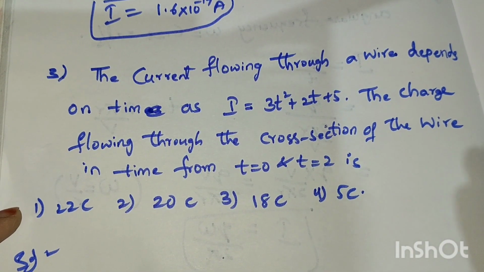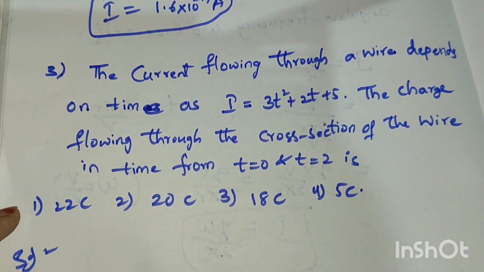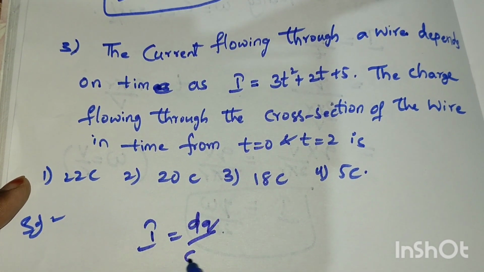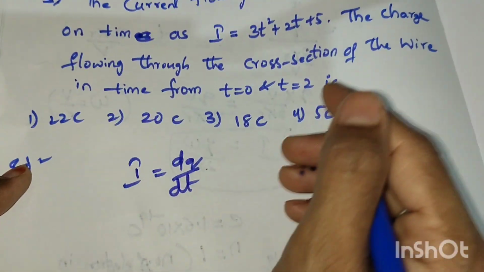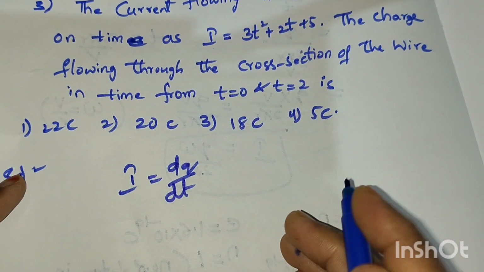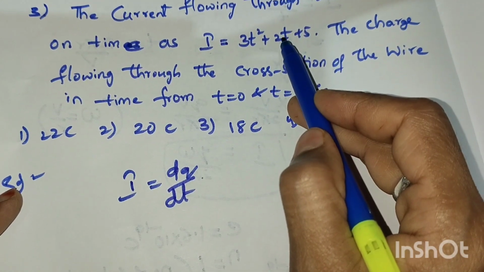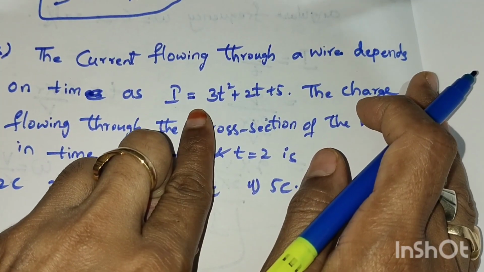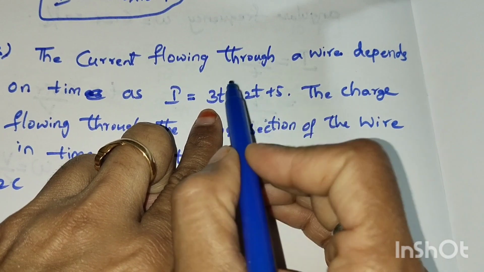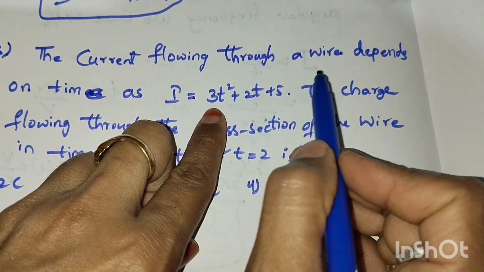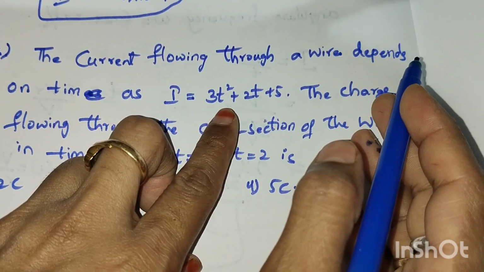So what formula will you take here? I is equal to dq by dt. Why am I taking I equals dq by dt here? Because here the current depends on time, when they have given current in the form of time, like 3t square plus 2t plus 5, or 60 plus t, for example.